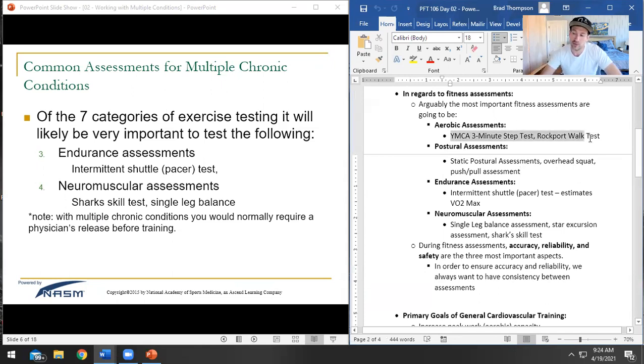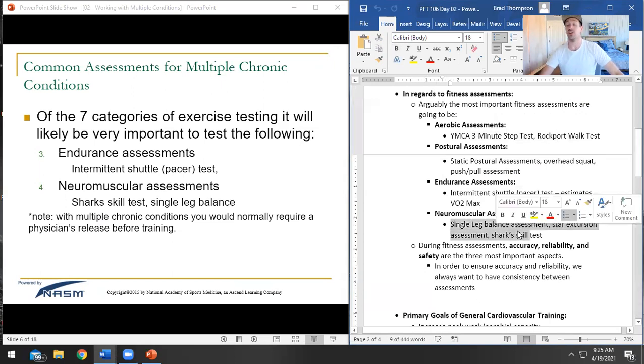If it was used aerobically, I'd be looking at the heart rate. But if I'm looking at their athleticism, I would measure however long it took them to perform the run. So that's the difference between endurance and aerobic assessments. They're kind of similar, but different.